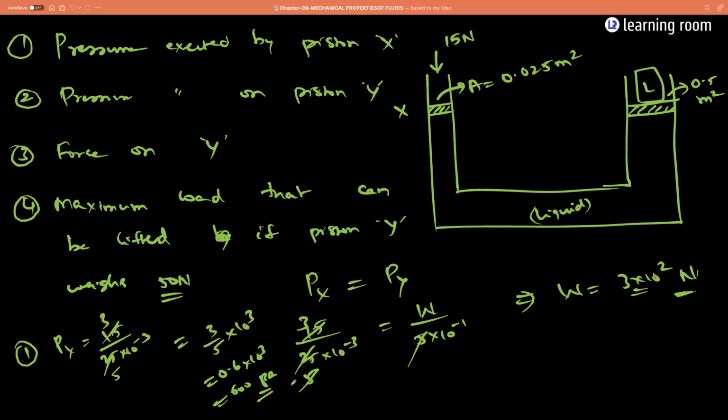Similarly, what is the pressure on piston Y? You need not calculate it, because that's what Pascal's law says. Whatever is the pressure at X will be equal to the pressure at Y. So 600.